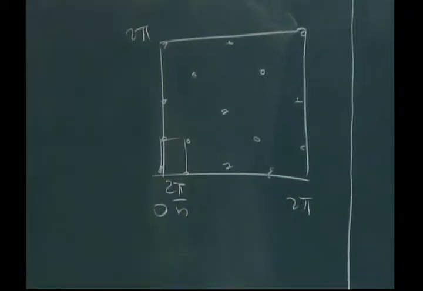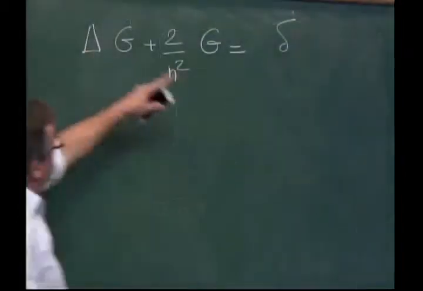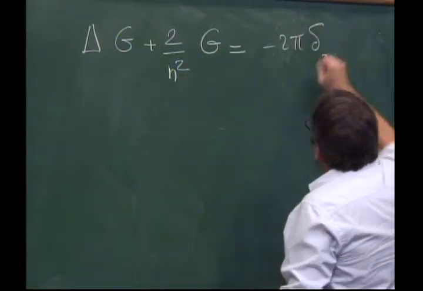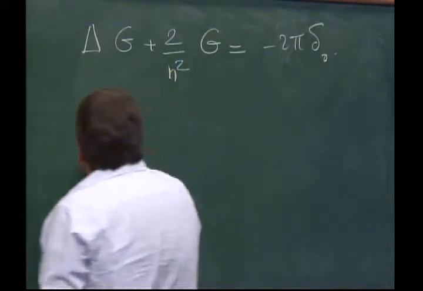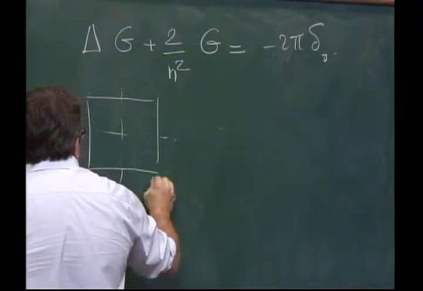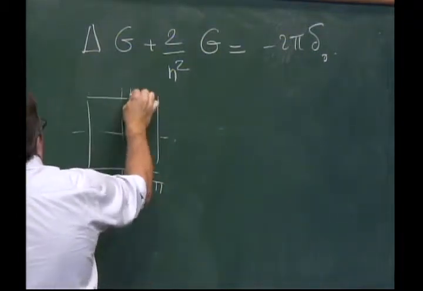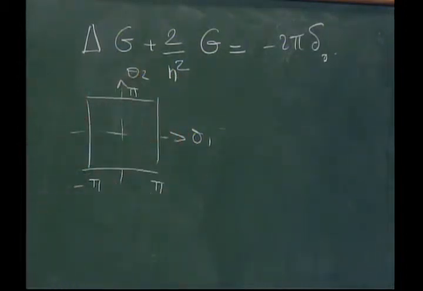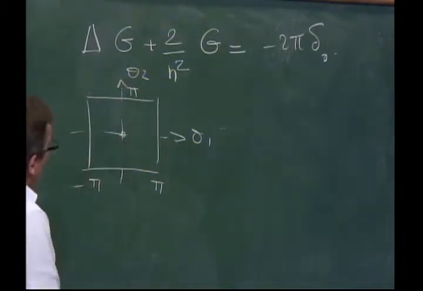And by periodicity, I can study this in the torus, like this, from minus pi to pi, theta 1, theta 2, and in fact extend by periodicity. So what I'm looking for is a solution of this equation that has 0 Neumann data on this square.